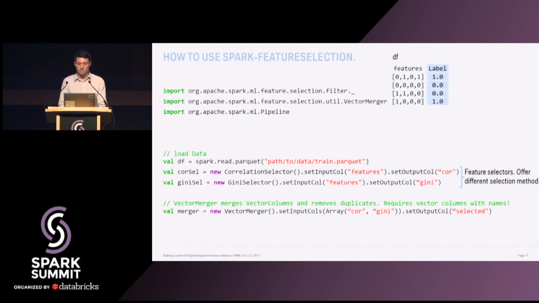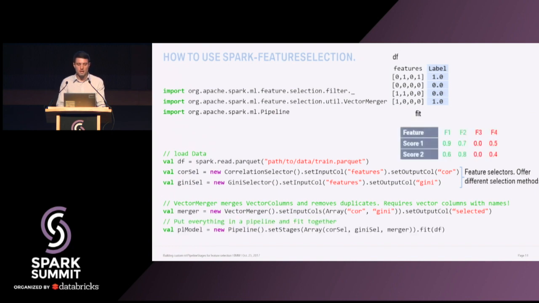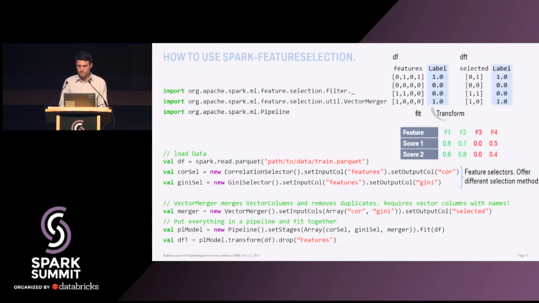So after that we put all of those pipeline stages into one pipeline and call fit on it. What is done during the fit method is that the feature importances are calculated and the best performing features are saved. So if we now transform the data set with this pipeline model, which is returned when we call fit, only the most important features are present in the selected column.